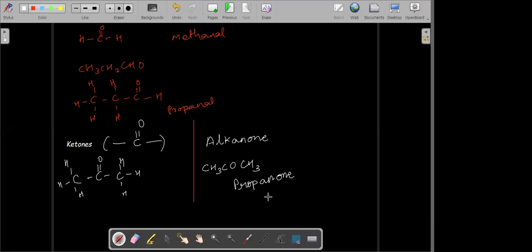All of you try to make this propanone and then make the butanone. After making propanone, make butanone. So we are supposed to make propanone, right? First make propanone and then make butanone.